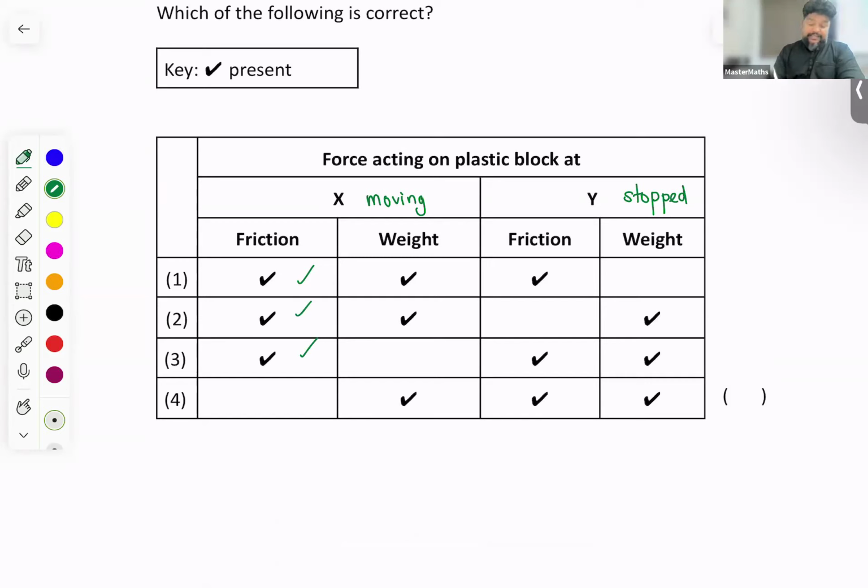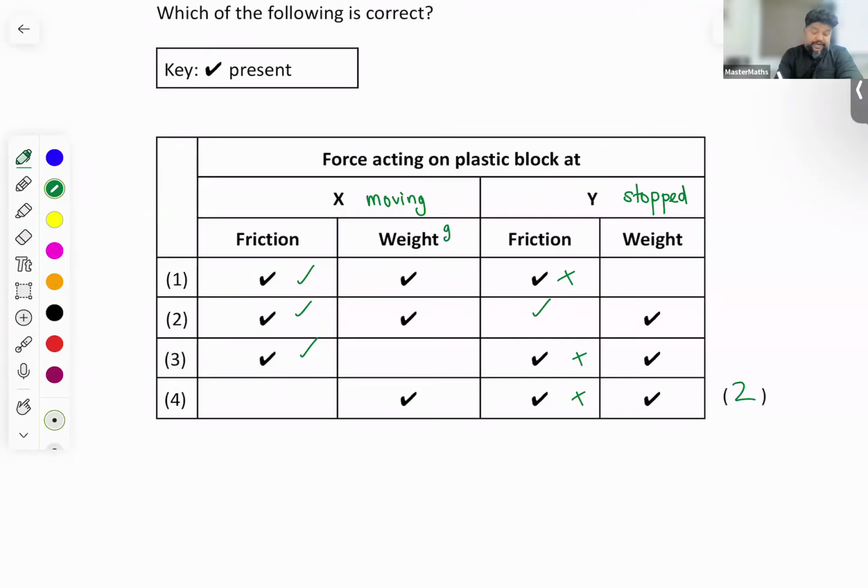At point Y, is there friction? No. Why is there no friction at point Y? I know why, Ayana. Because it's not moving, exactly. So the answer is option number 2, straight away.